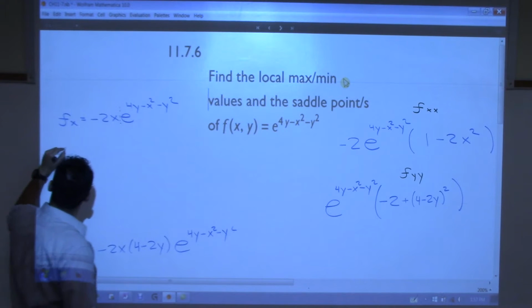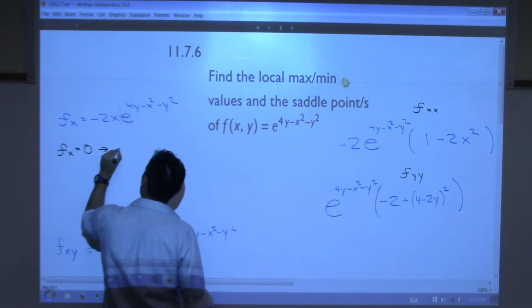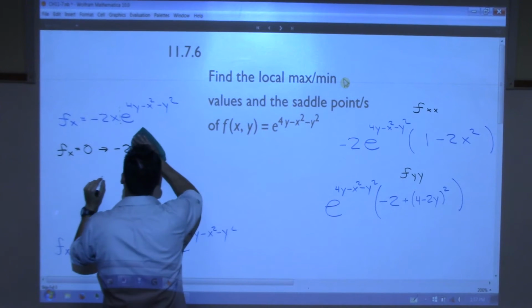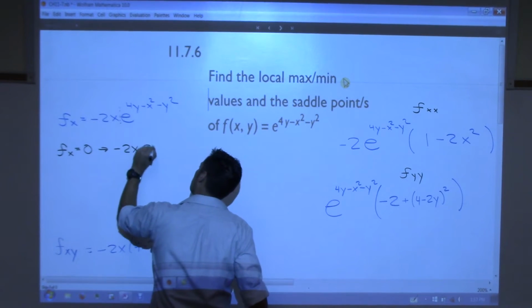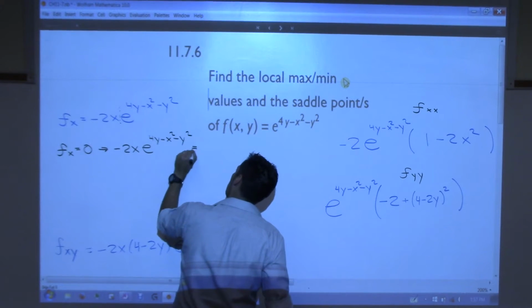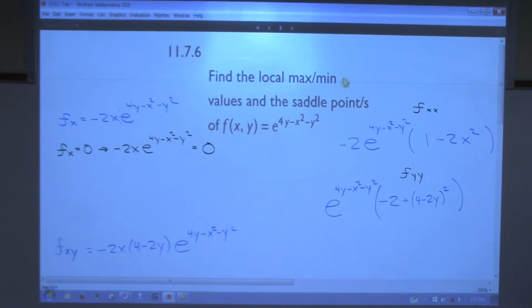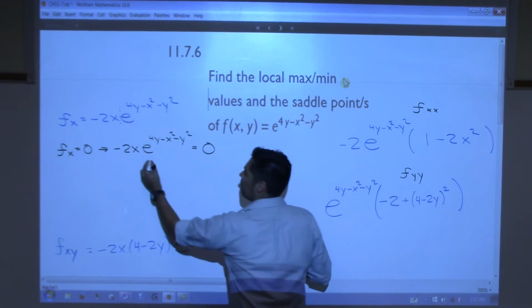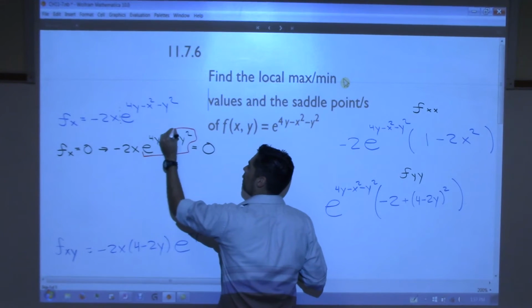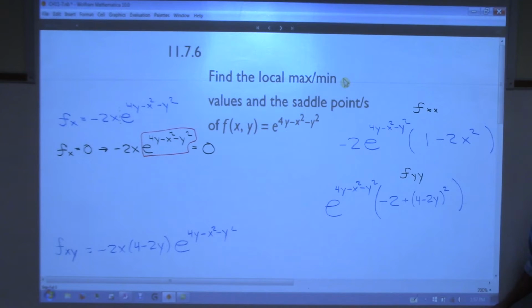So I'm setting partial of f with respect to x equal to 0. That means I'm setting negative 2x e to the 4y minus x squared minus y squared equal to 0. Now that looks like a complicated equation, right? Looks rather complicated. But what can you tell me about this factor, this part of it? Can e to anything ever be 0?